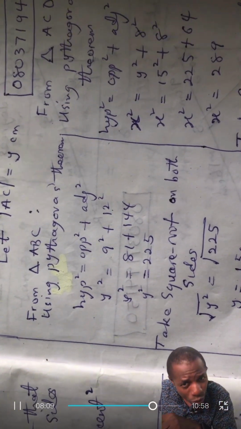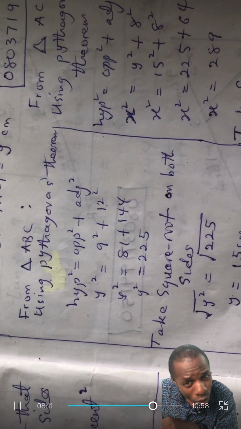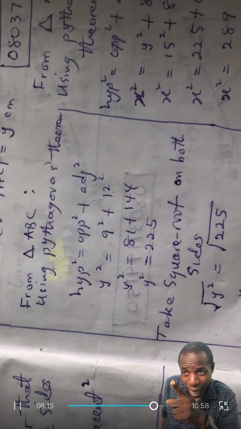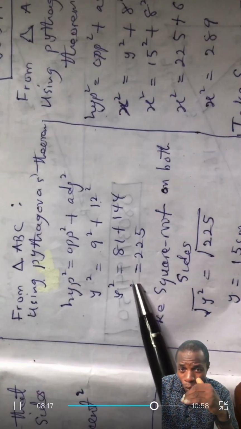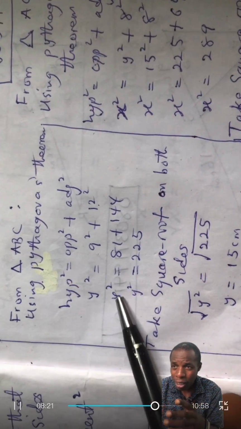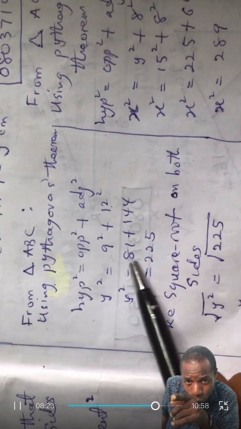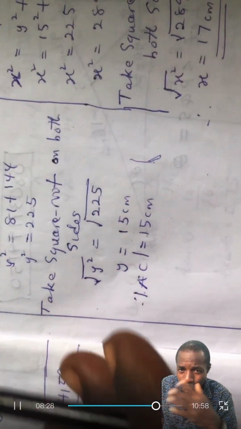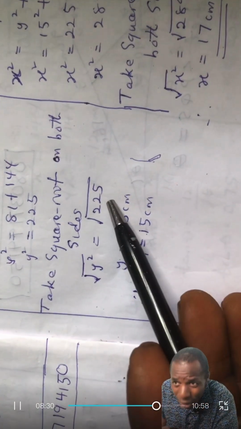And if you have square root and you want to cancel it, you introduce square. Here, because we have square and we want to cancel that square, we take square root on both sides.